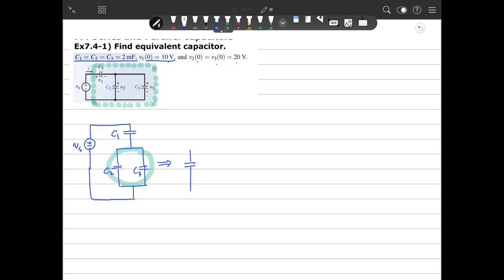Because this pair is connected in parallel, there is C2 plus C3, and here C1.